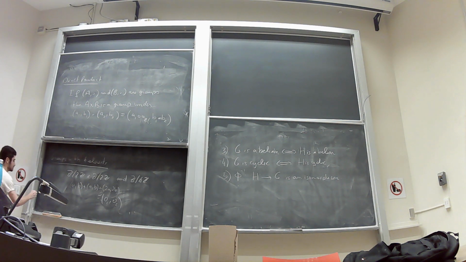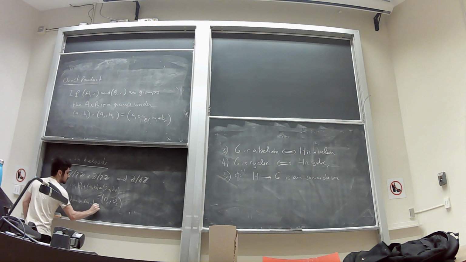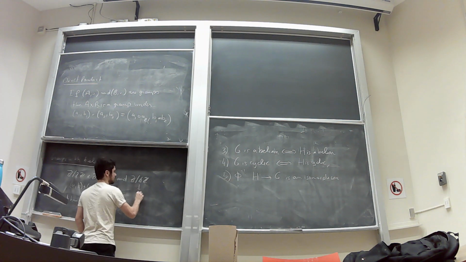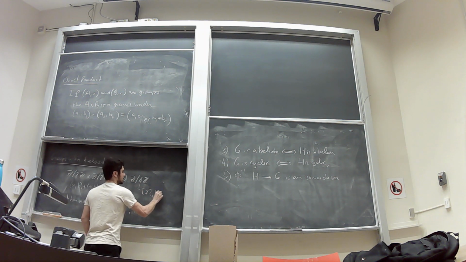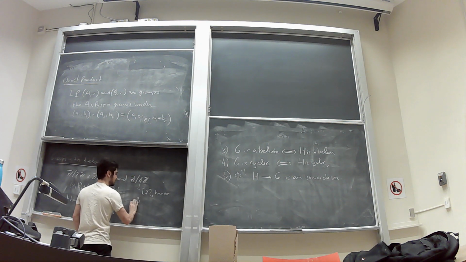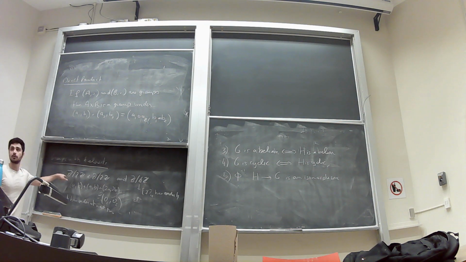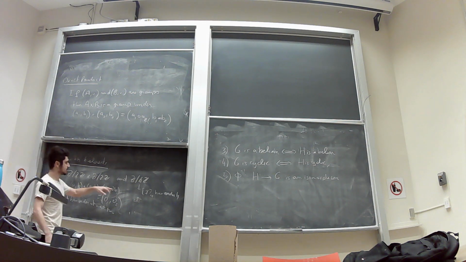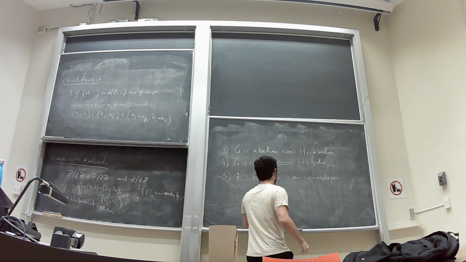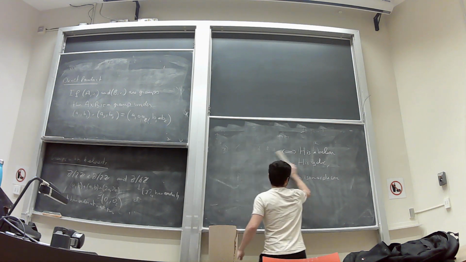So every element has order at most 2. And here you have an element of order 4. Everything vanishes when you add it twice, and here you have an element of order 4. So these two groups are not isomorphic.